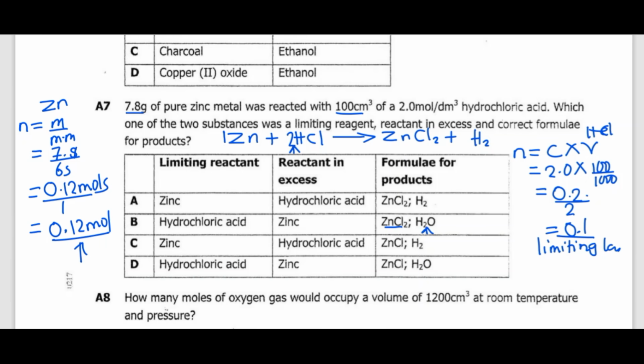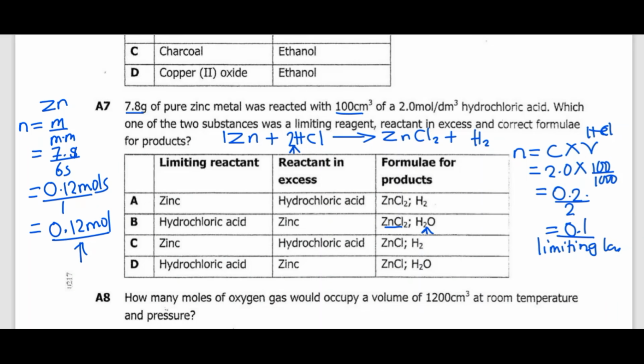Maybe let's redo. So we have 7.8 divided by 65, the mass number for zinc is 65. I'm getting 0.12 divided by 1, so this one is okay. Then 100 divided by 1000, 0.1 times 2, 0.2 divided by 2, 0.1.